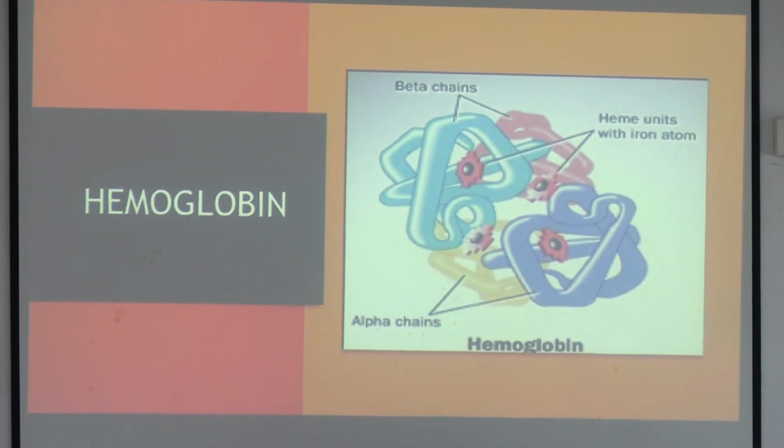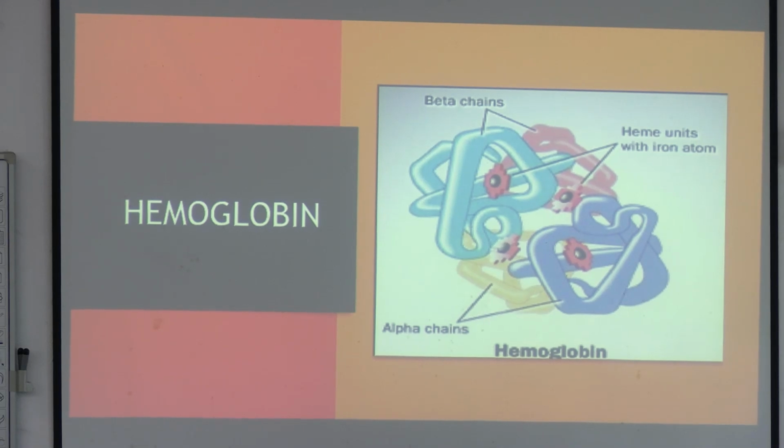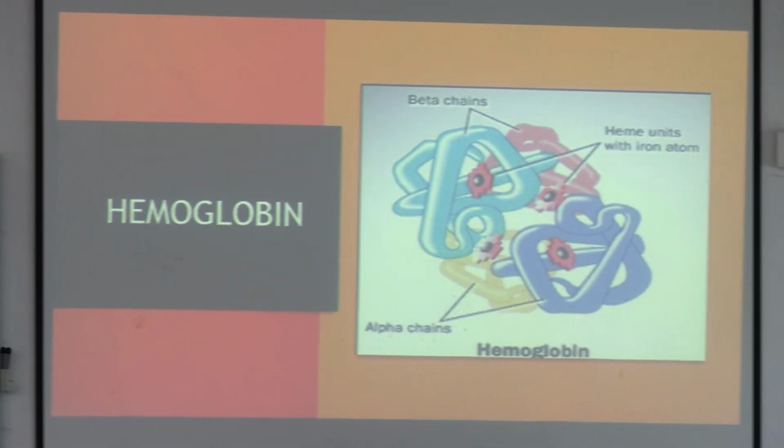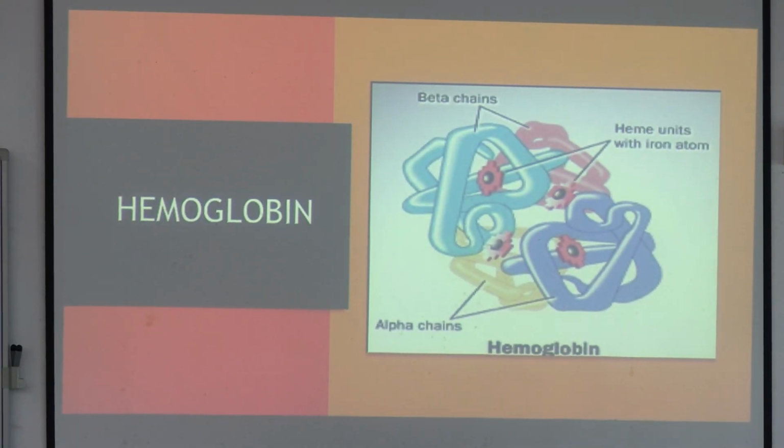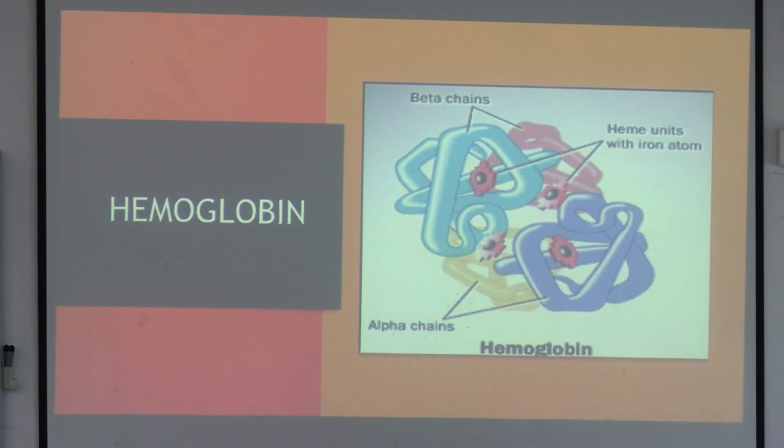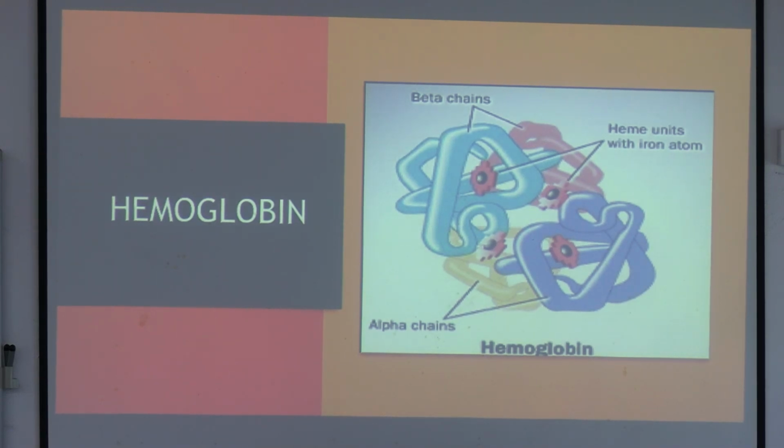The protoporphyrin portion consists of heme, iron, and it is attached with 2 alpha chains and 2 beta chains.